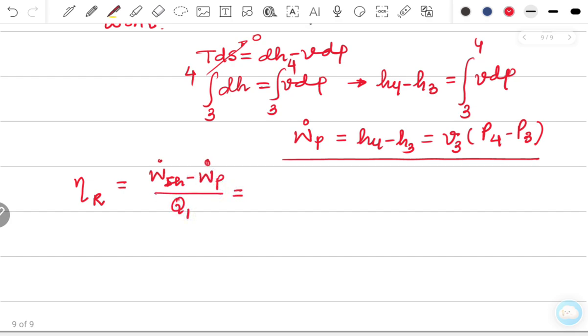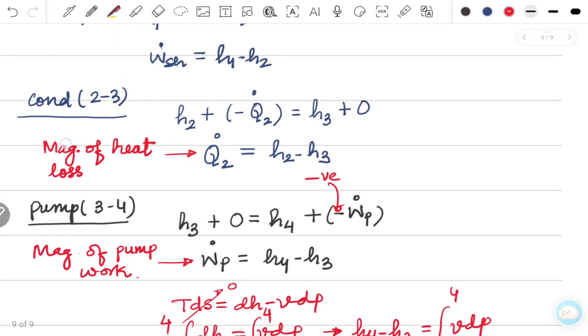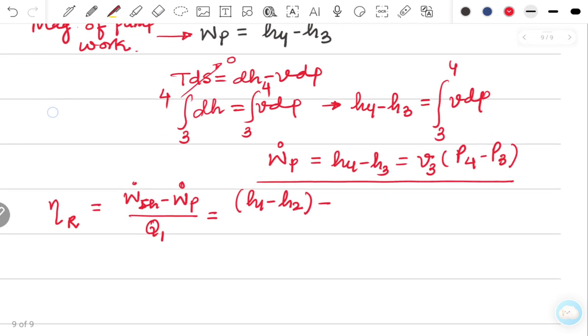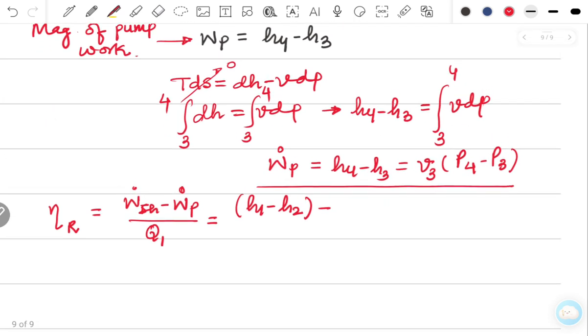Shaft work is H1 minus H2. Look here, it is H1 minus H2, and the pump work magnitude is H3 minus H4, and this is divided by the heat input, that is Q1 dot, and Q1 dot is H1 minus H4.